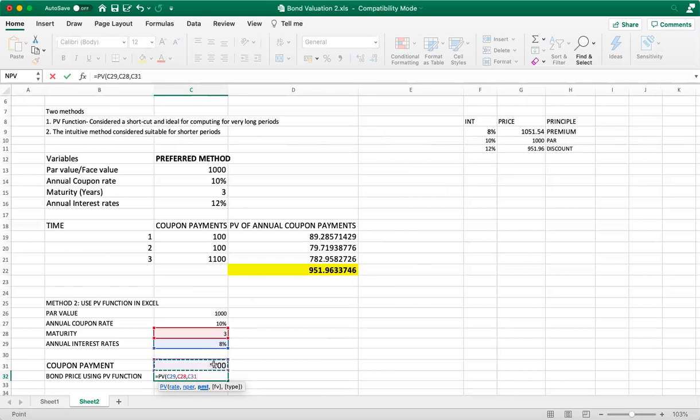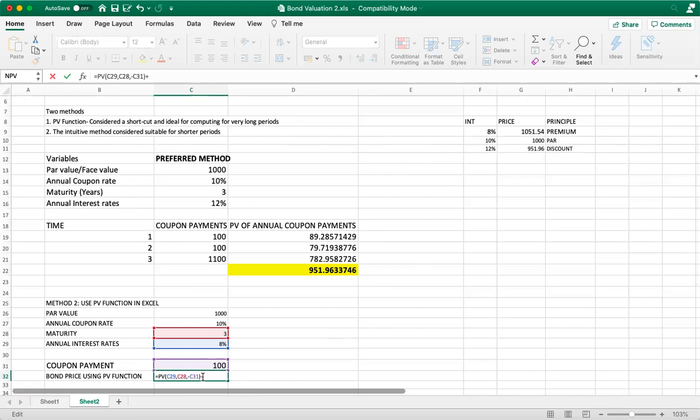So we have the rate, we have the number of periods, and then we have that coupon. But what you do, put a minus on the coupon. And then close this bracket. That is the first part.